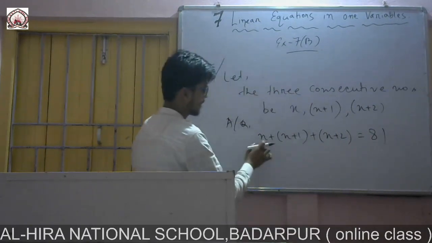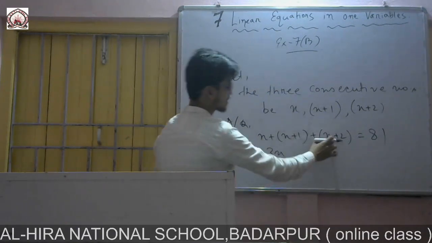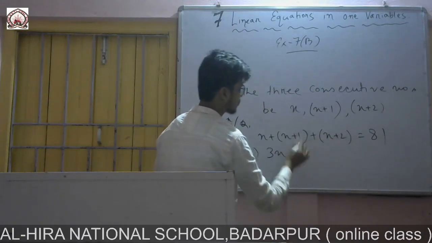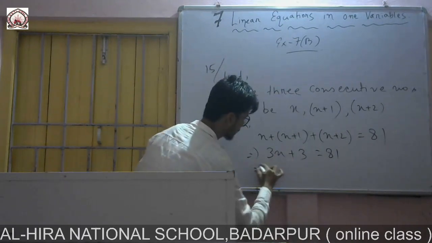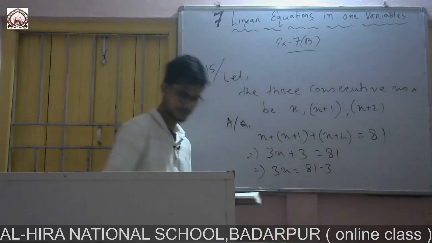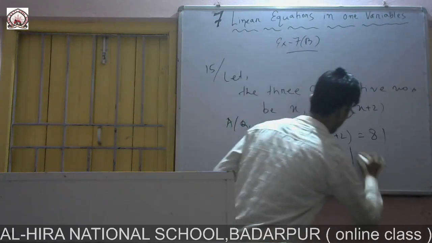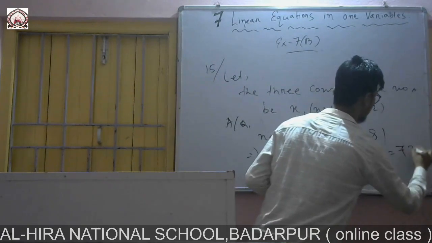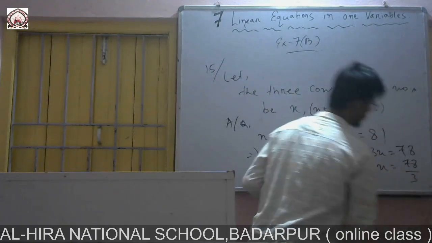Now I will solve. x plus x plus x, there are 3x, so I can write it as 3x, and then there is 1 and 2, that means 1 plus 2 is 3, equals 81. So 3x equals 81 minus 3, which is 78, implies x equals 78 by 3.